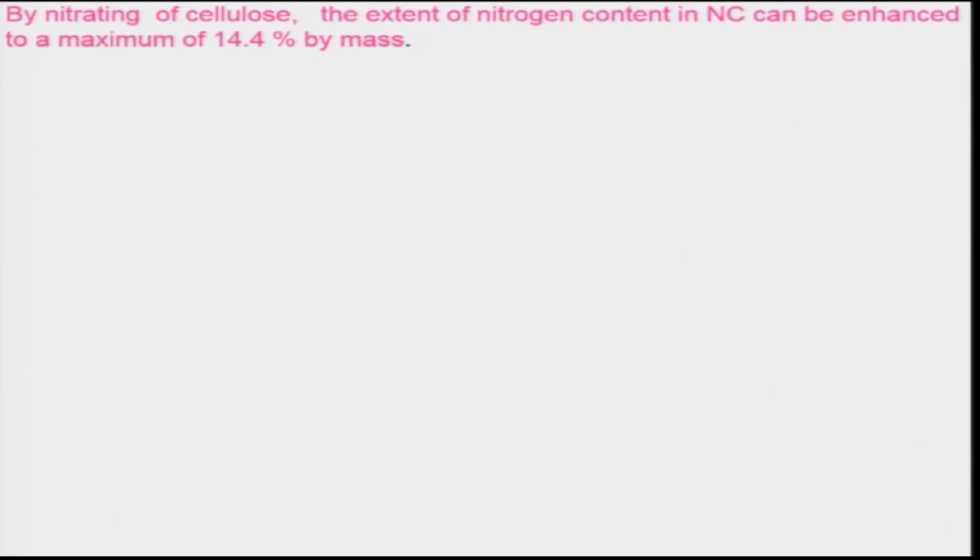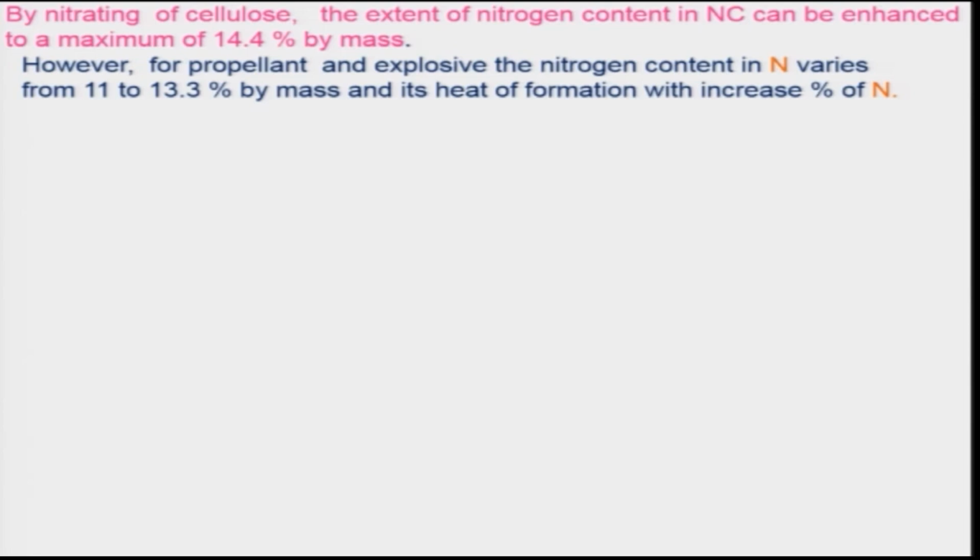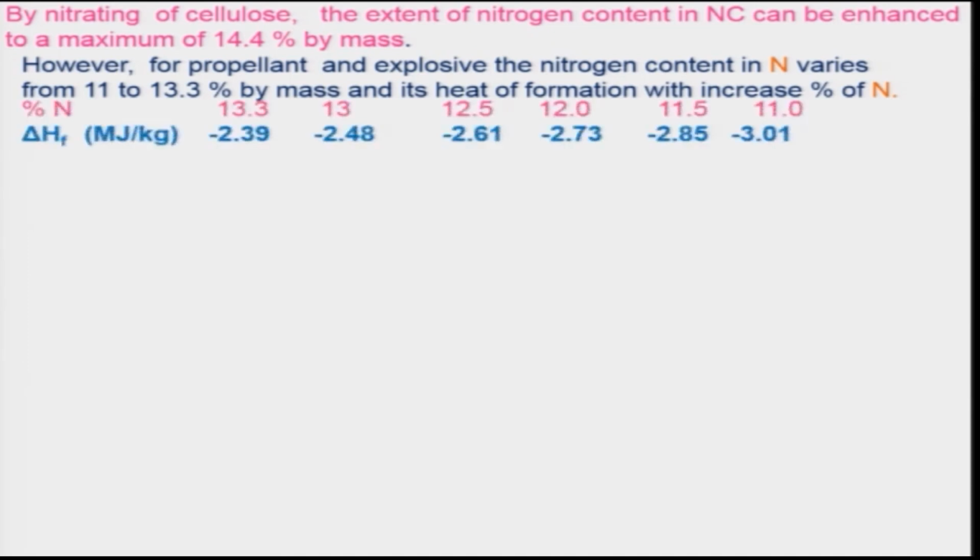For propellant or explosive applications, the nitrogen content N varies from 11 to 13.3% by mass, and its heat of formation increases with increase in N. You can see that the heats of formation increase with the percentage of nitrogen, so that you can get a higher value. Generally around 12.5 is used because it gives the best performance among all these kinds of nitrocellulose.